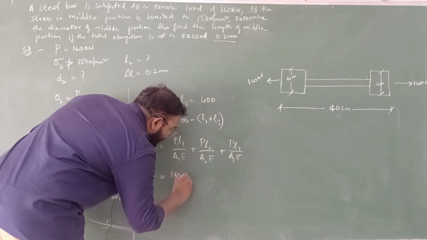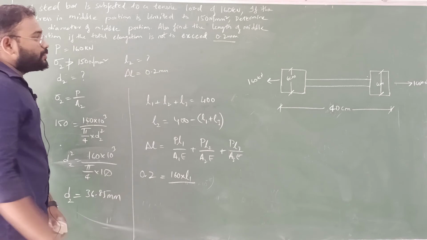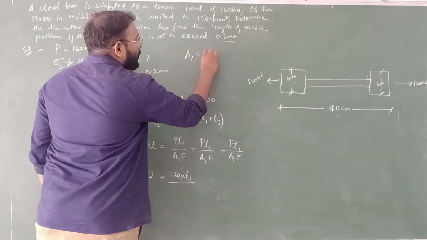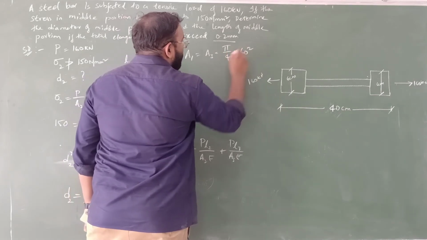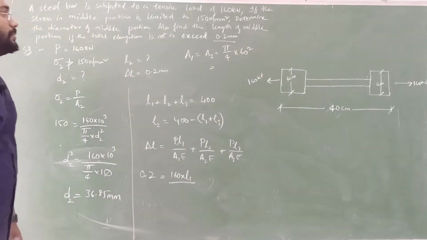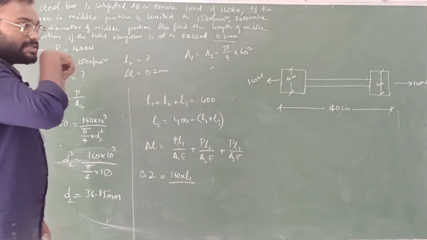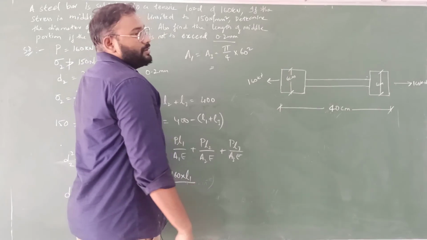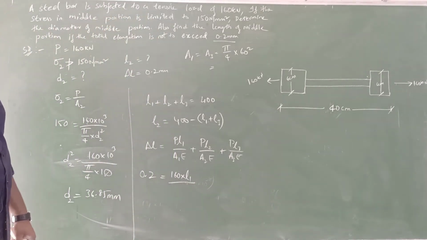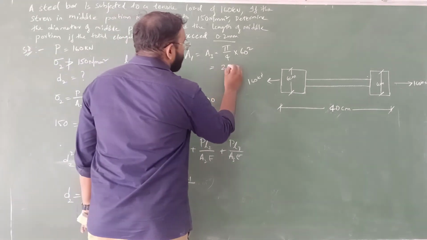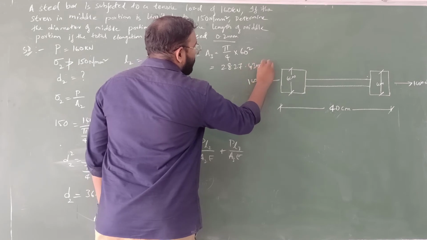What is P? P is 160 kilonewton. What is A1? A1 equal to A3 equal to pi by 4 into 60 square. Tell me what is the answer? Pi by 4 into 60 square, 0.785 into 60 square, is 2827.4 millimeter square.